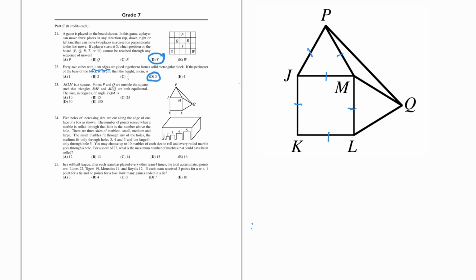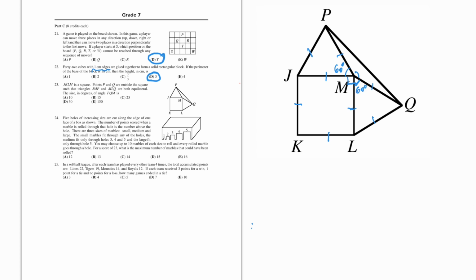And also the MQL, three sides equal. Now, in the square, this angle JML, that's the 90 degree right angle. Equilateral triangle, each angle is the 60 degree, so these two angles are the 60.